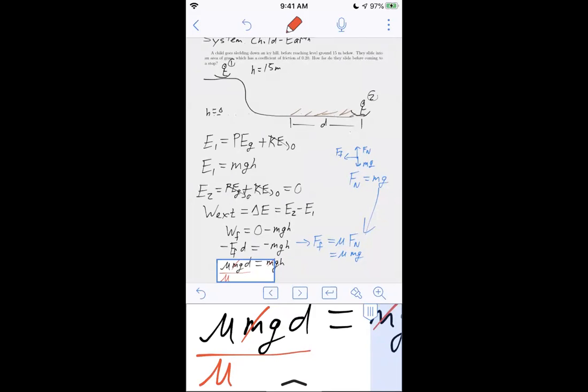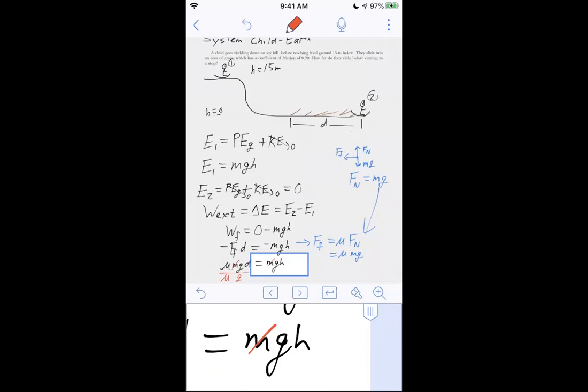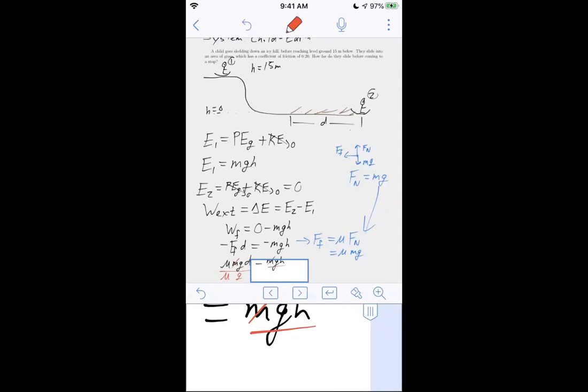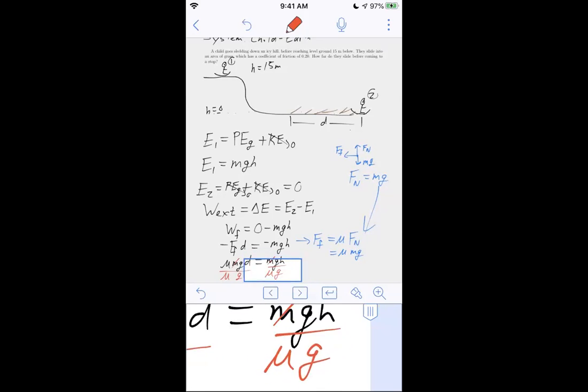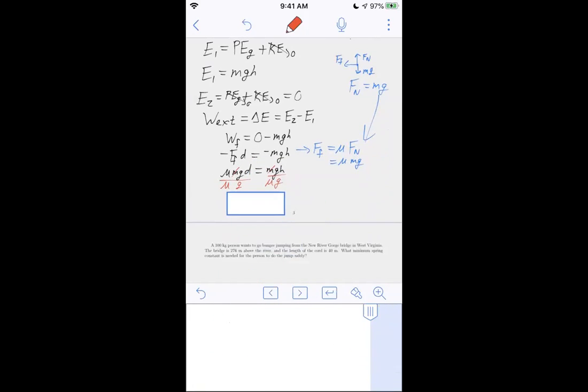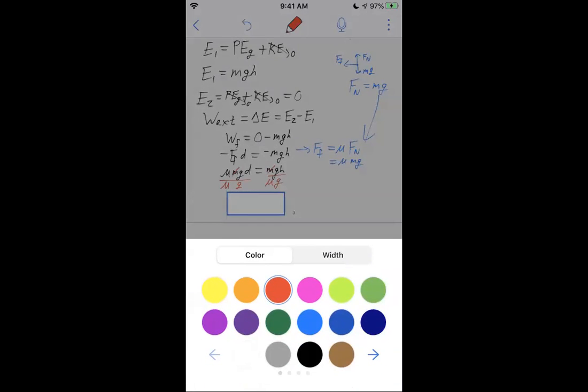Mu times g there, and then mu times g there. Now I can also notice, well, I'll save that observation for just a second here. So let's copy that down.